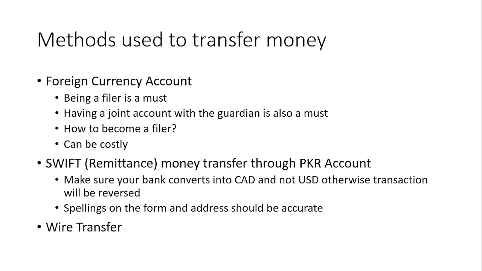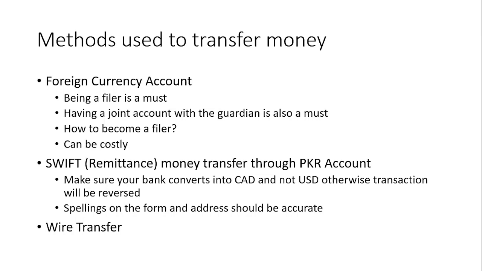So this gets a lot more confusing when you visit the banks. You need to be very clear from the outset what the process should be. And after watching this video, you will feel confident that the process, indeed, is not that big of a hassle as it is made out to be, unfortunately, in Pakistan.